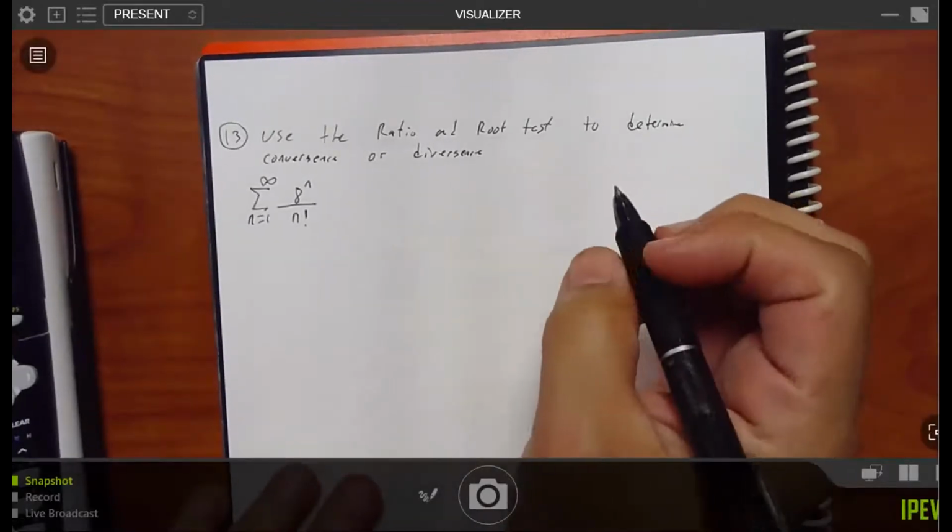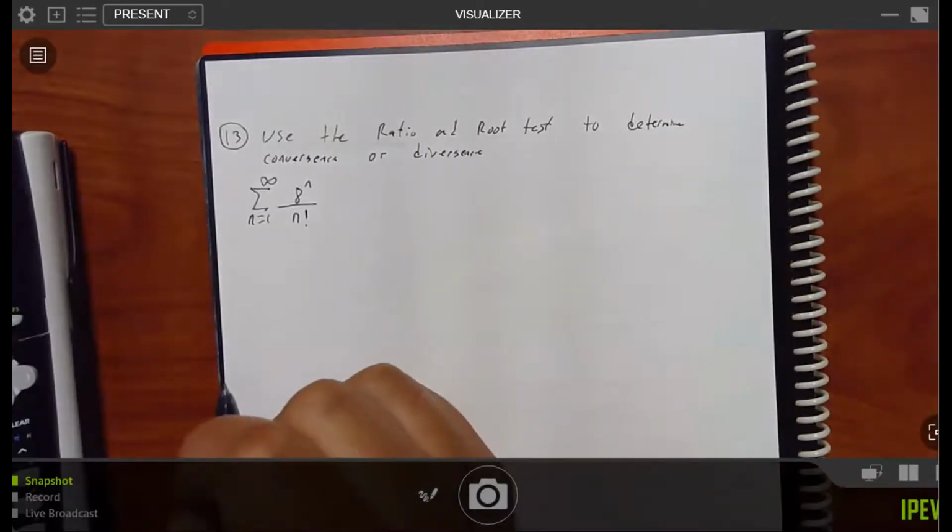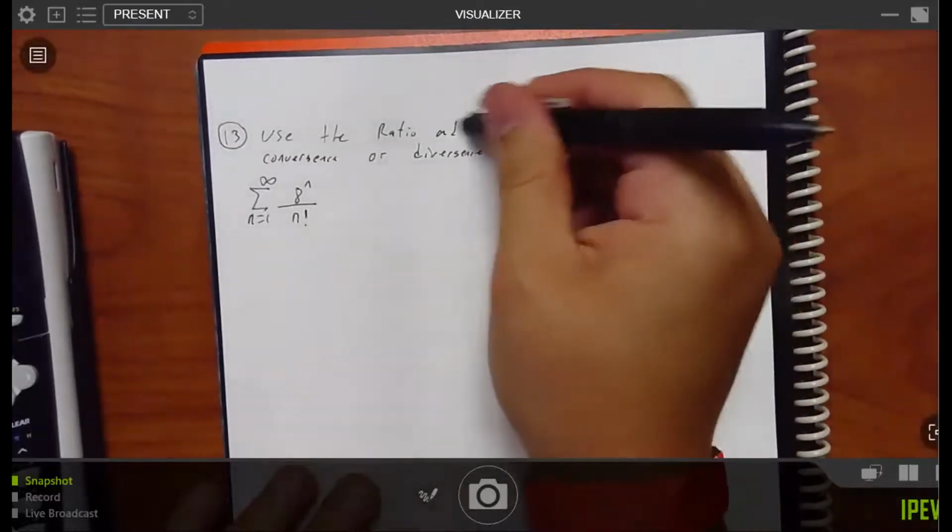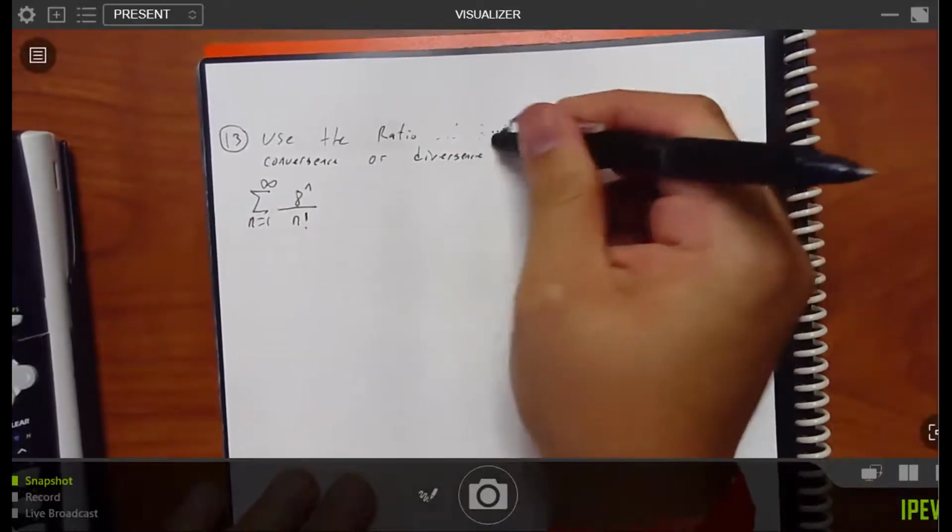Right, so ratio. Oh, I'm sorry, I just said use ratio. I don't know why I put root too.